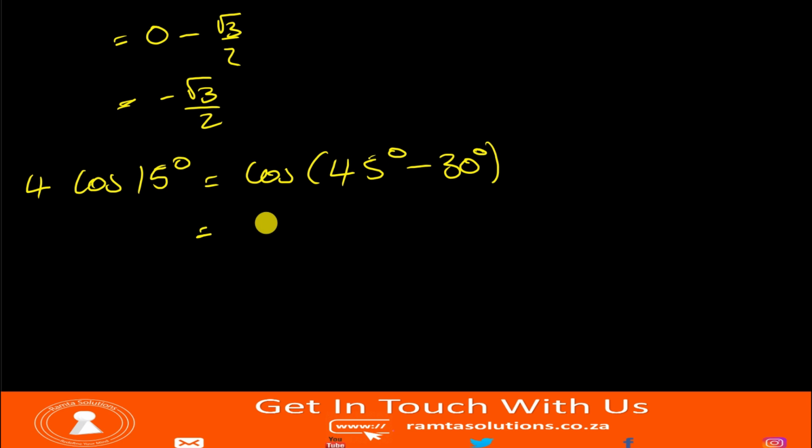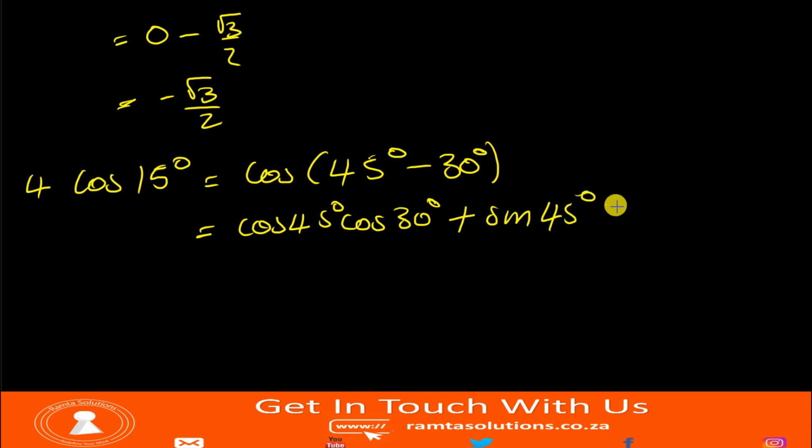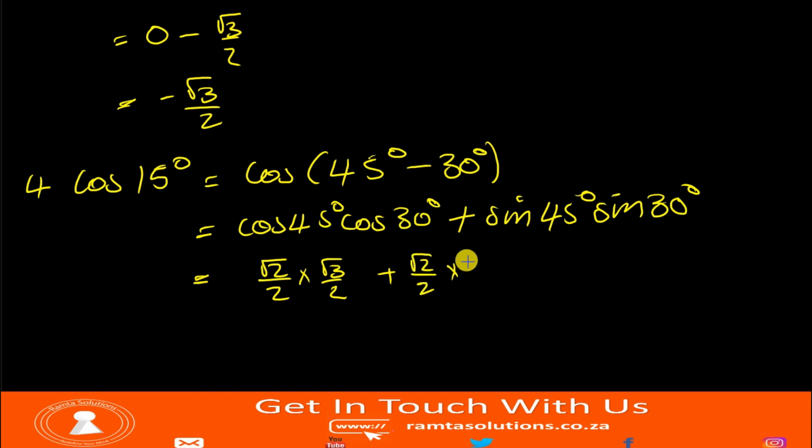So this is cos 45 degrees cos 30 degrees, but because it's minus, it will be plus sine 45 degrees sine 30 degrees. Cos 45 is root 2 over 2. Cos 30 is root 3 over 2. Again, sine 45 is root 2 over 2.